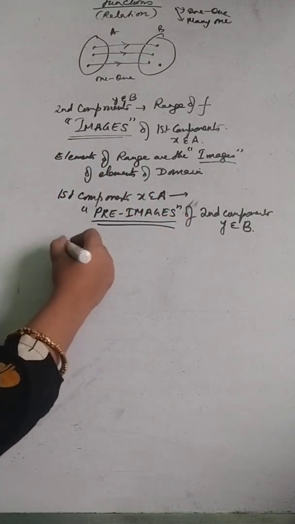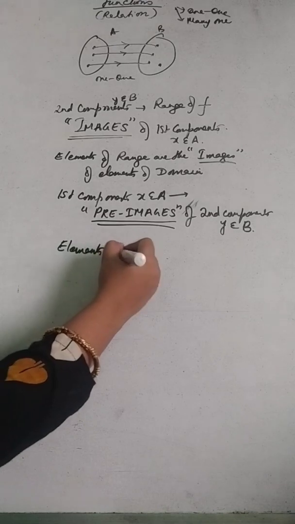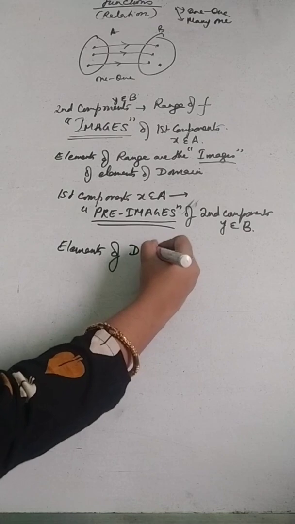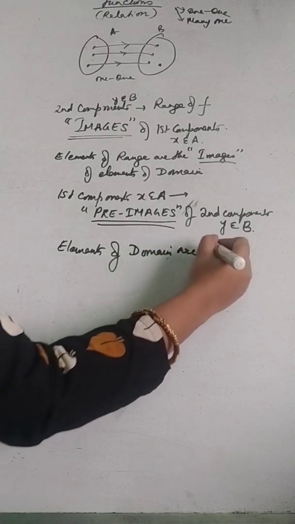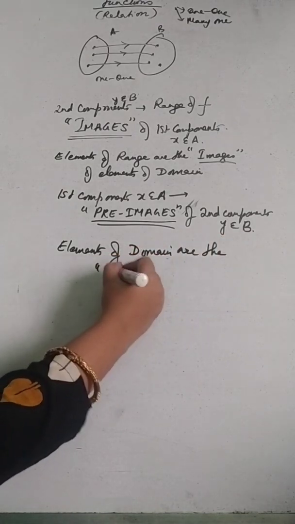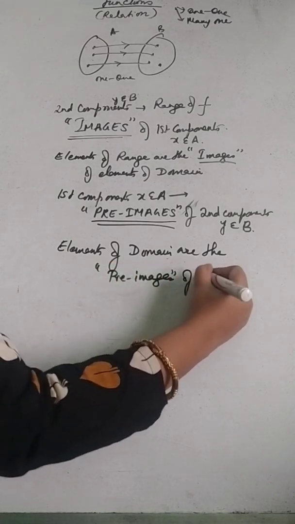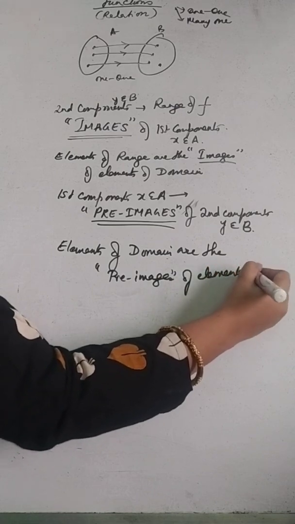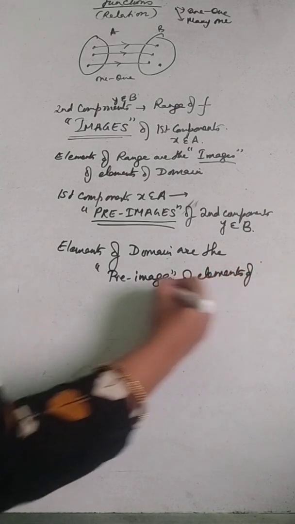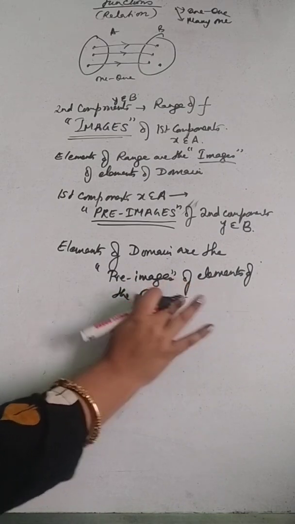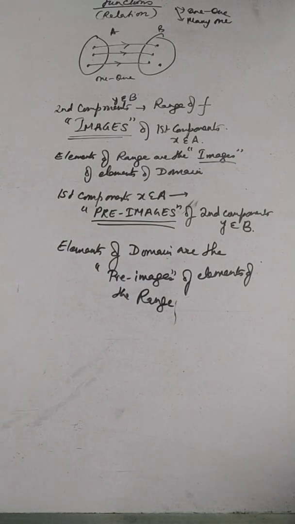In other words, elements of domain are the pre-images of elements of the range. Elements of the domain are the pre-images of elements of the range. This is the term used for those elements.